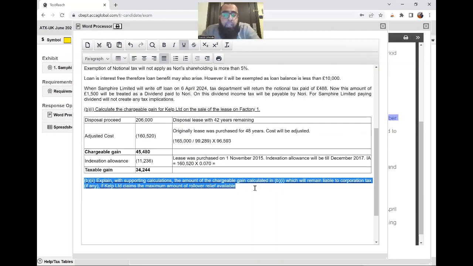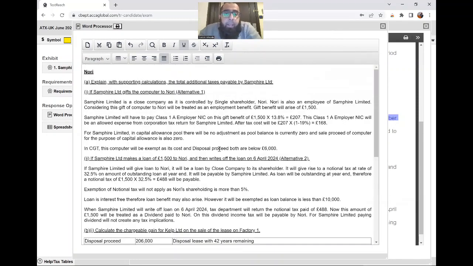Let's read what we have done till here. In part A, there was a simple first part, gift of computer to a shareholder who is also an employee. So we talked about employment benefit, NIC, capital allowance and CGT.